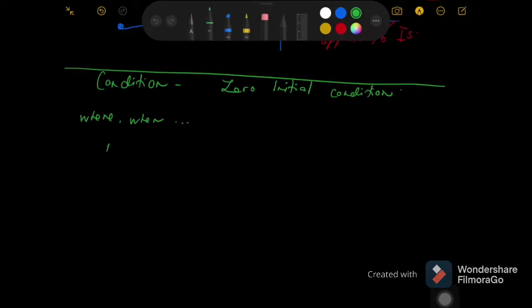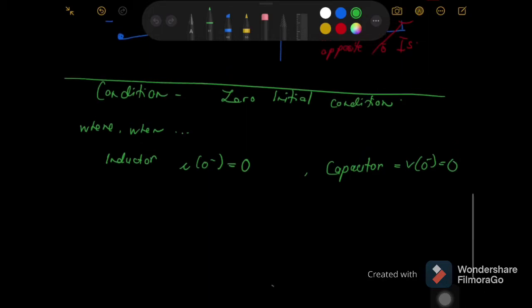There is a condition that we call a zero initial condition, or sometimes in the question the term used is zero initial value. So for example, if given the zero initial value, what will happen is the current in your inductor will be 0, while in the capacitor the voltage will be 0.